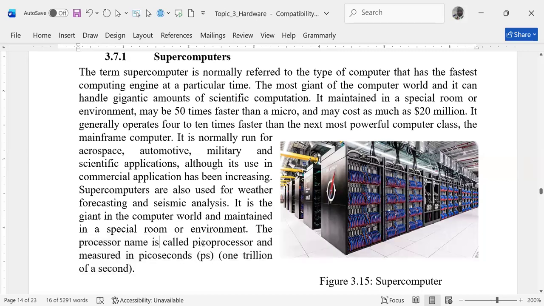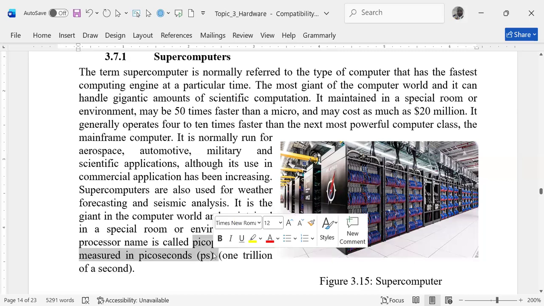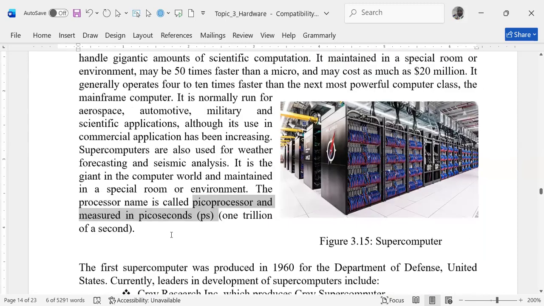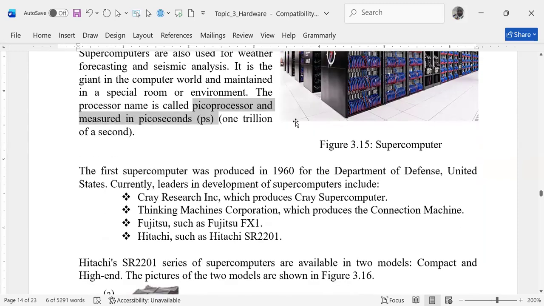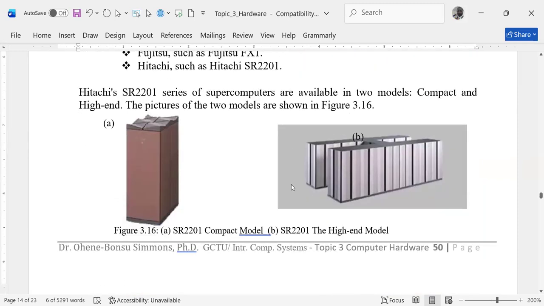But here the processor name is called pico processor and measured in 1 trillion per second. So imagine how powerful that computer is. Very, very fast. Normally used by a big organization for networking, and different types from different manufacturers are available.